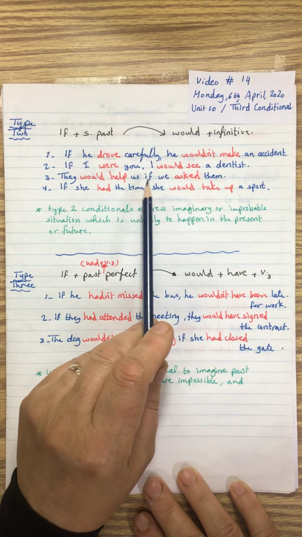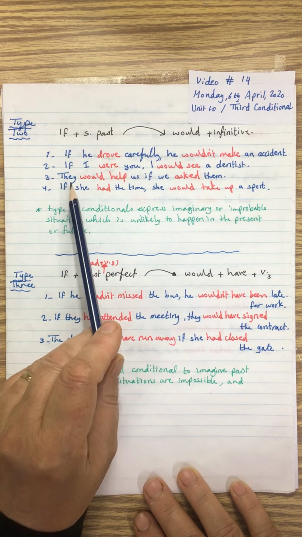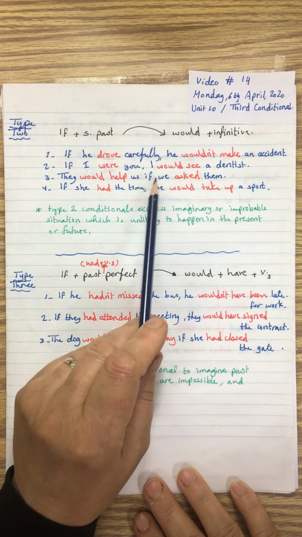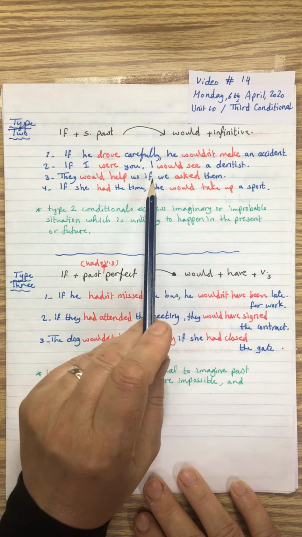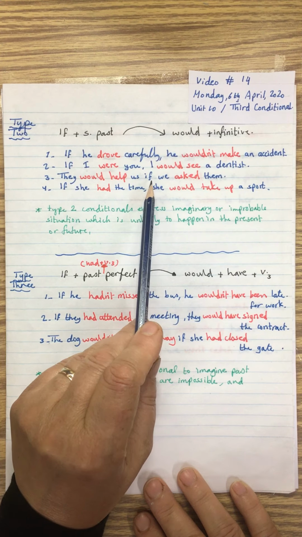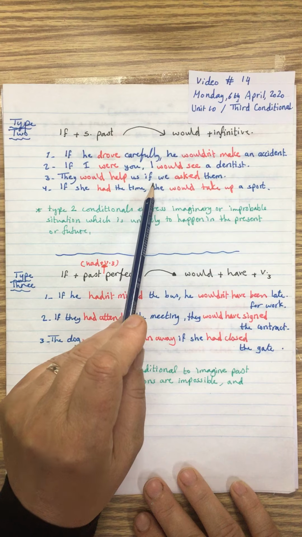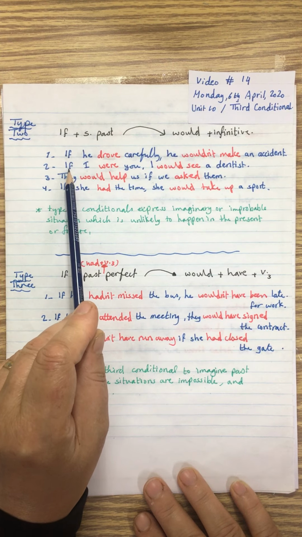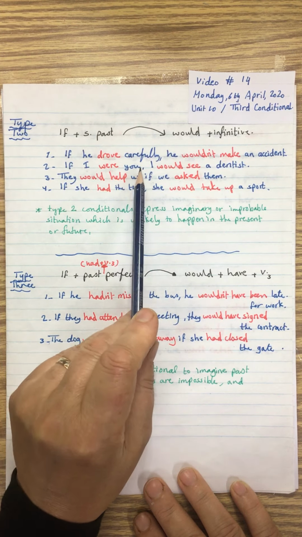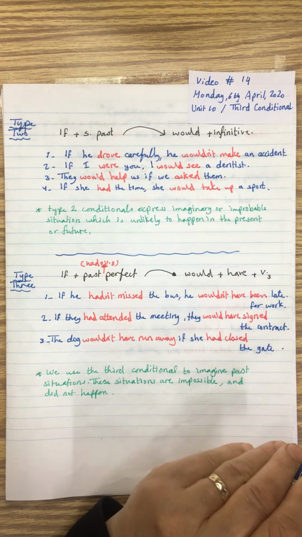They would help us if we asked them. Here I have used if in the second part. So if we use if in the second part, we don't use a comma. But if we use it at the beginning, then in the middle between the two clauses we have to put a comma.